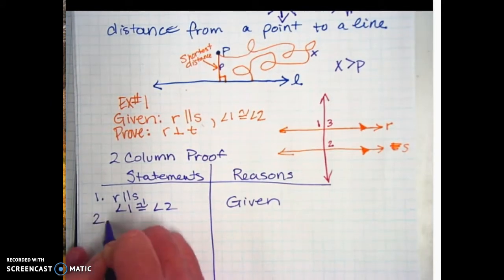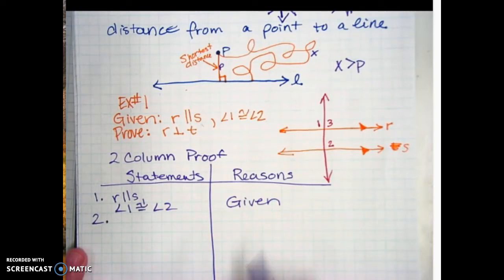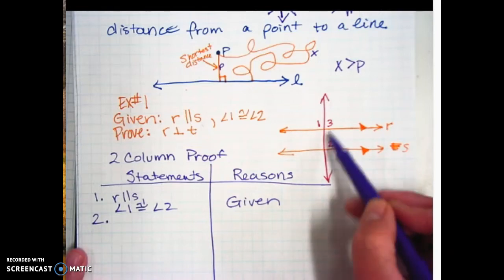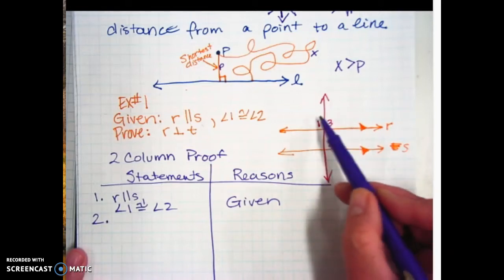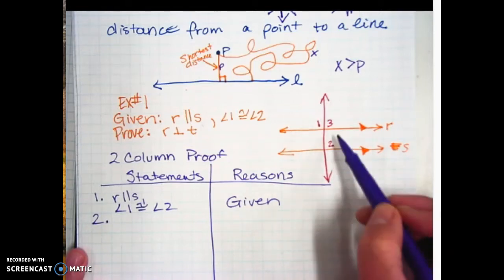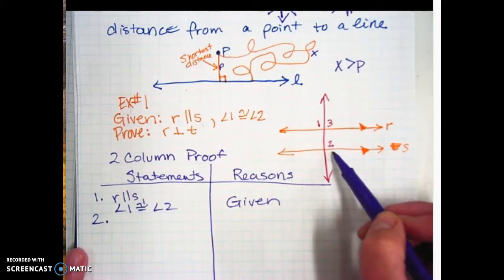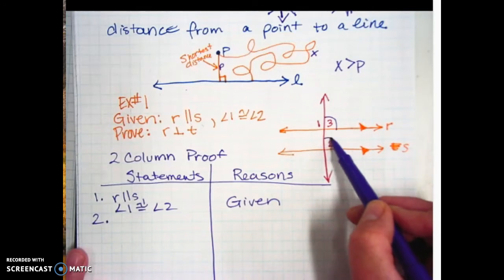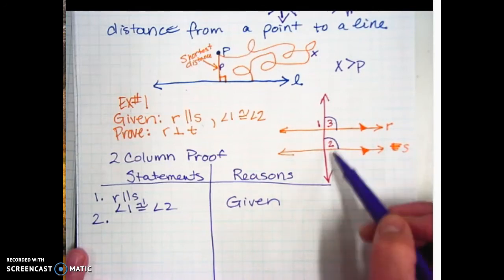The second statement: is there any way we can see a relationship between any of these angles, 1, 2, or 3? I'm noticing that angle 2 and angle 3, as you follow that transversal down, are in the same position. Therefore, they're called what?